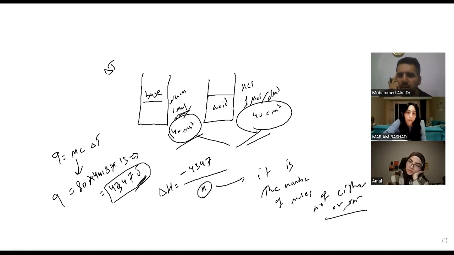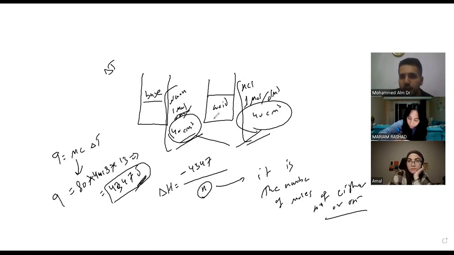No. You can pick up any one of them. As you see here, both acid and base have the same volume and the same concentration, so we'll have the same number of moles. So in here, guys, it could be the moles of acid or base. Let me use the moles of acid.